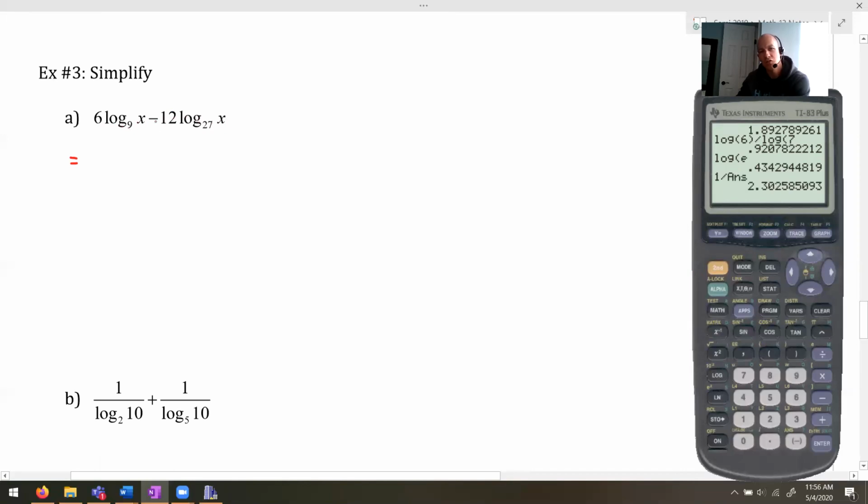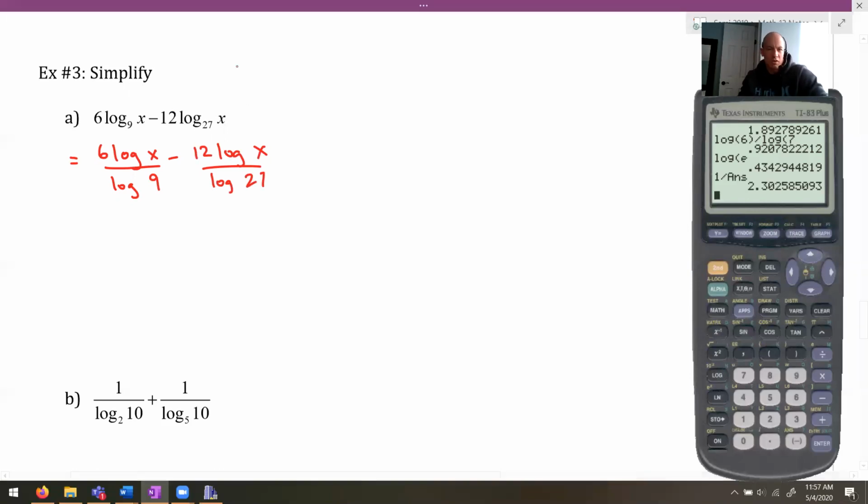I'm subtracting 2 logarithms, so it might make sense for me if they were the same base, I could use that product rule. I cannot use that unless they're the same base, but what I'm going to do is I'm going to go 6 log x divided by log 9, and then I'm going to subtract from the 12 log x over log 27. What base do I want to use, though?